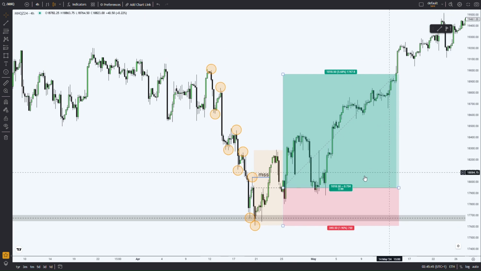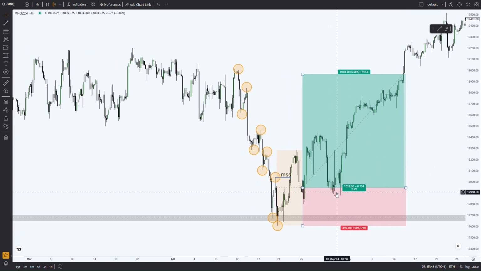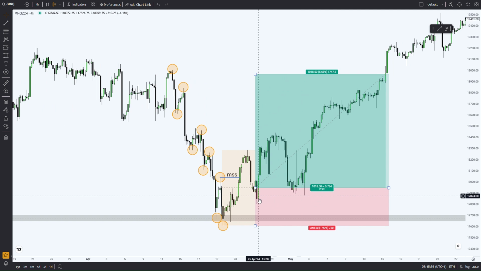The concept of the box is easy. The separation between red and green is the place where you entered. You will be losing some, it's not that you're losing, but when price drops here, you will see like minus 0.5, for example, here minus 0.1 or 0.2, until it spikes above your original entry, so you start seeing profit.